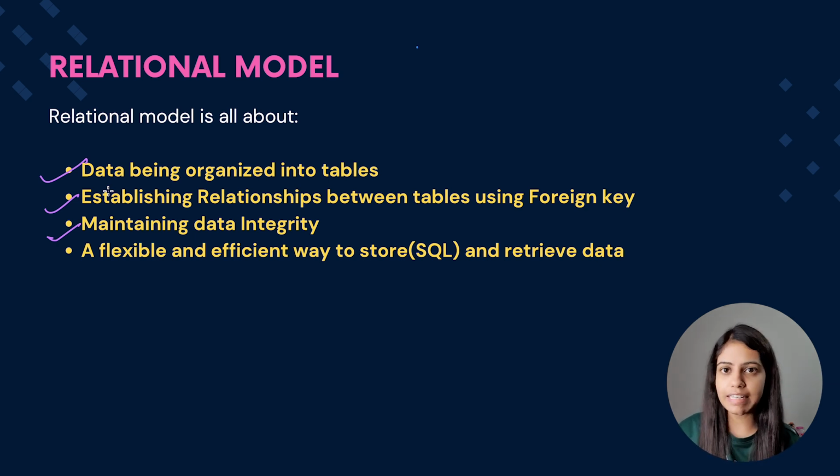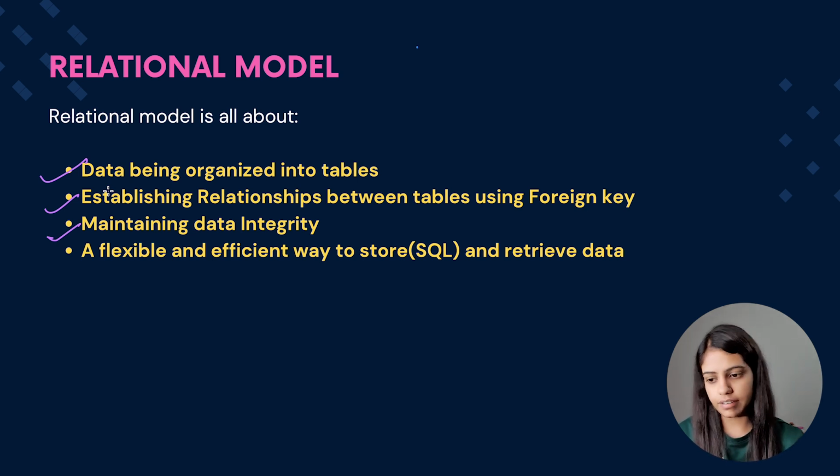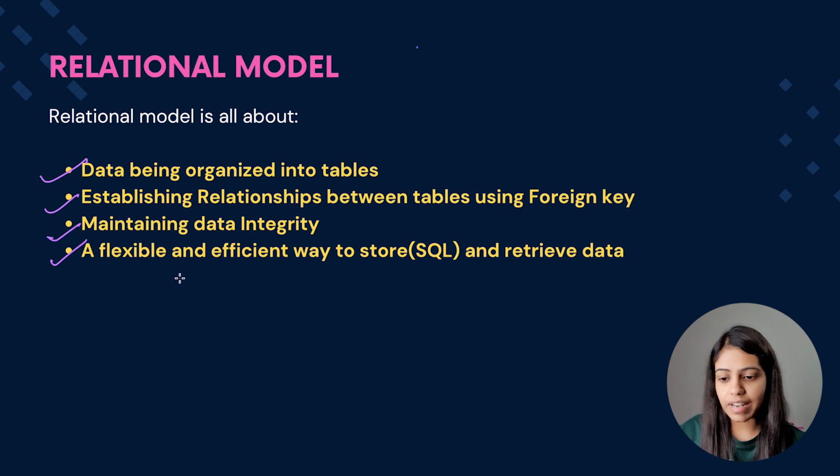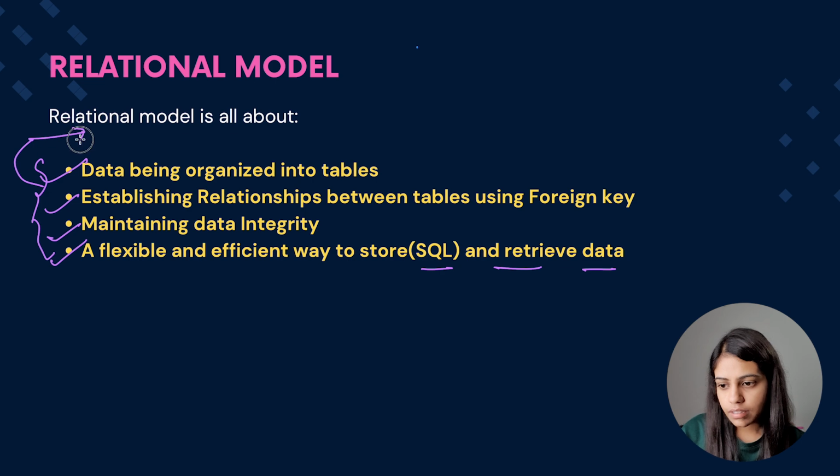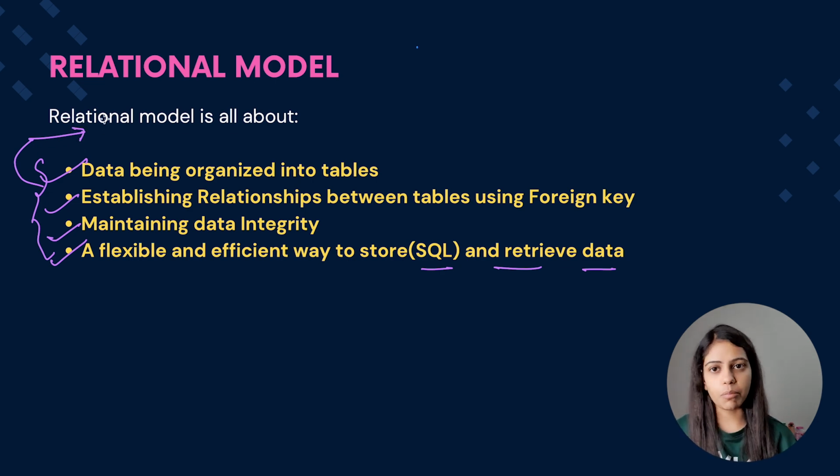There should be some integrity constraint, and there is a domain that is integer. Only integer values are accepted here. If I insert other values apart from integer, it will give me an error. And then the fourth one is a flexible and efficient way to store and retrieve data, which is using SQL. So these all four things combined give us the information about relational model.